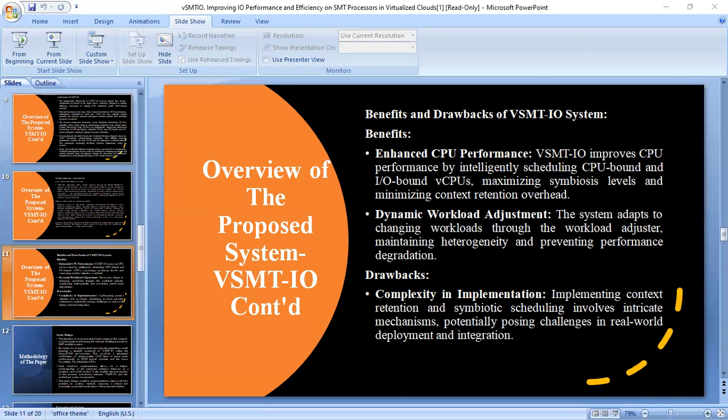This paper's contribution extends beyond identification and remedy, providing concrete evidence of positive impact on system performance. This work opens new avenues for the optimization of SMT-enabled systems, showcasing the potential for practical implications and significant improvements in both IO and processor throughput. Thank you.